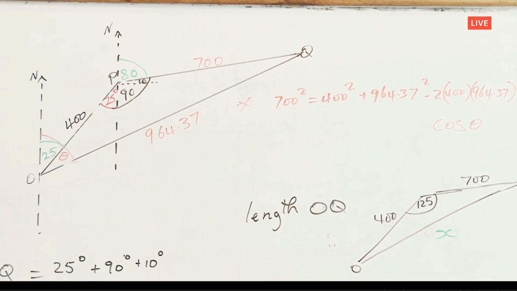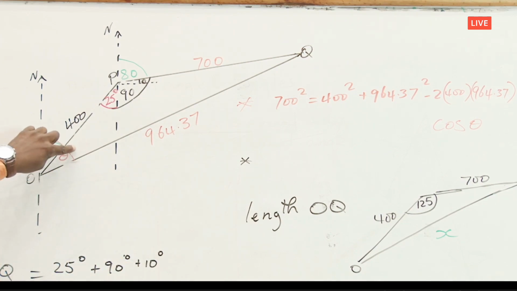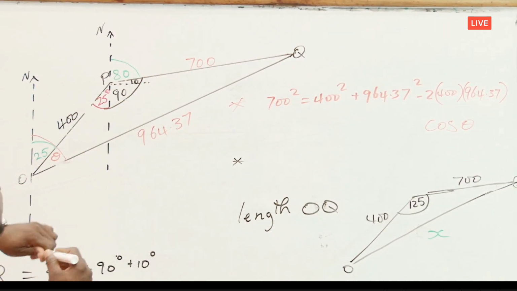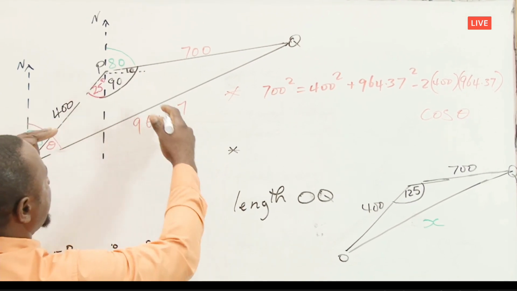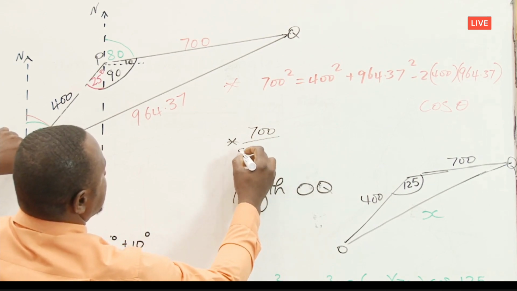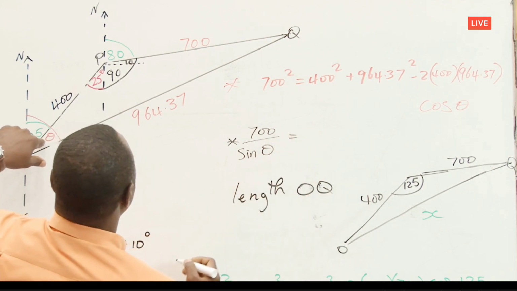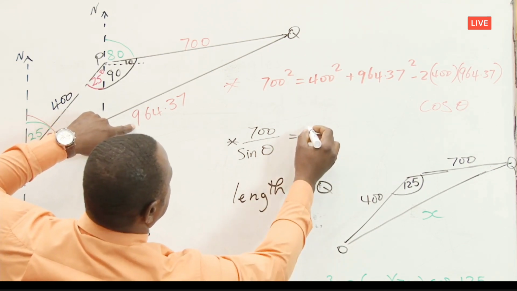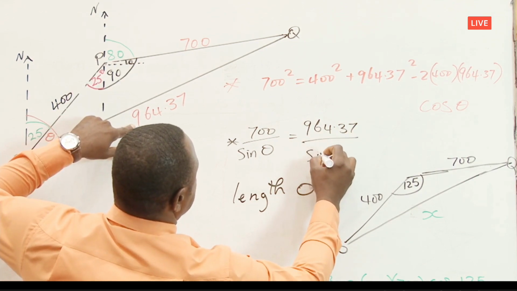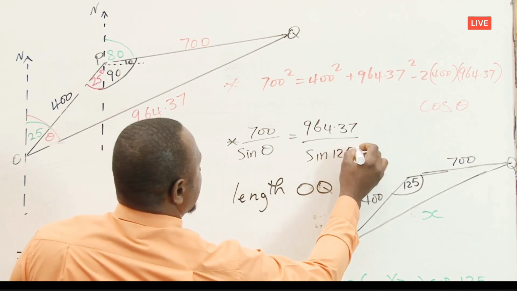or we could also use the sine rule, because we have the angle to find, and we are given a specific length. If we use the sine rule, remember that you must put the length 700 over sine of this angle, which equals this length 964.37 over sine of this angle, which we found to be 125.